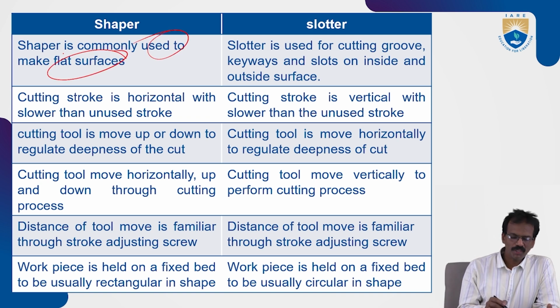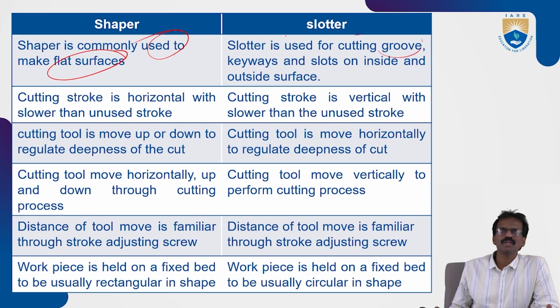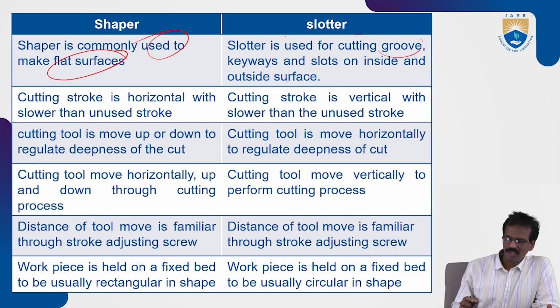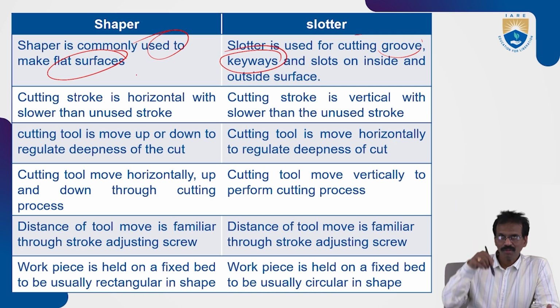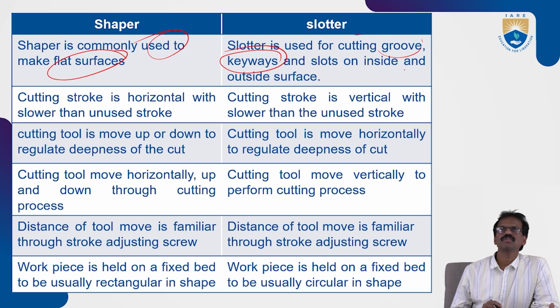Shaper is commonly used to make flat surfaces. You know that one. But slotter is used for cutting with vertical movement, mainly keyways. Okay, some slots inside and outside of the surfaces also. So that is the main purpose of the slotting machine.